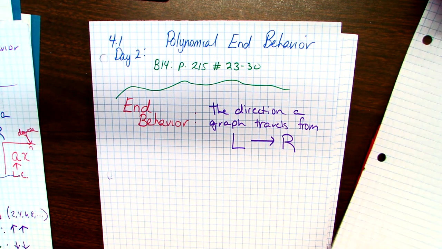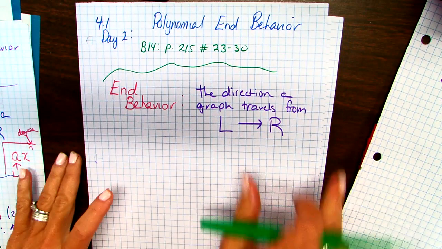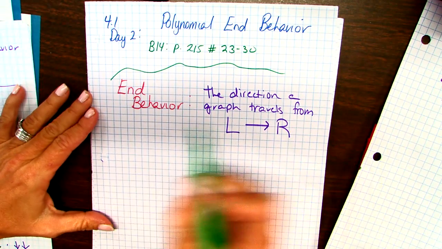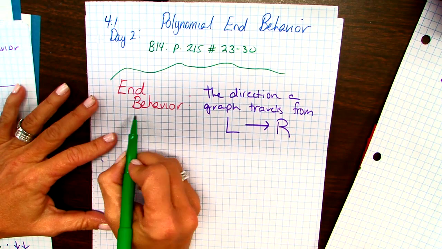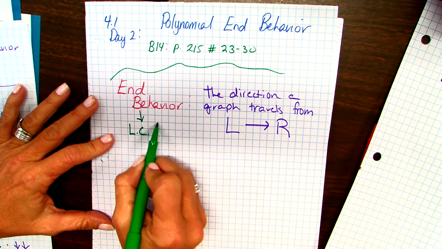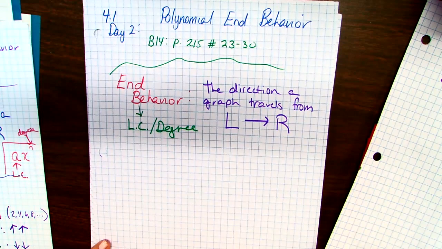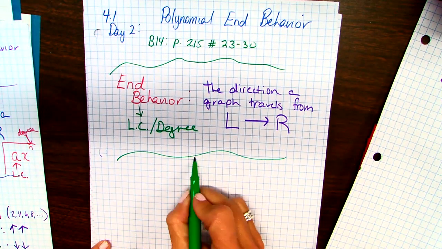So there are 4 different ones, and we're going to go through all of those again. We get our end behavior from our leading coefficient and our degree, which we talked about yesterday. So let's go over the 4 types and I'll explain what I mean.